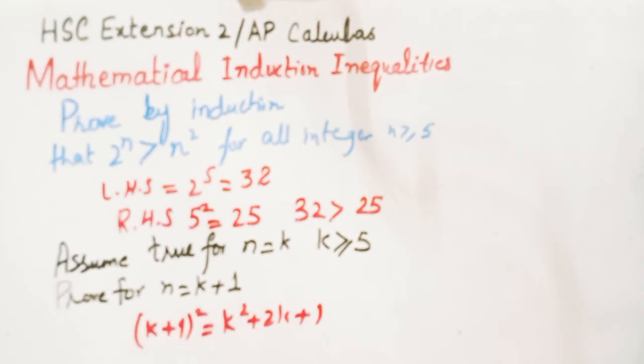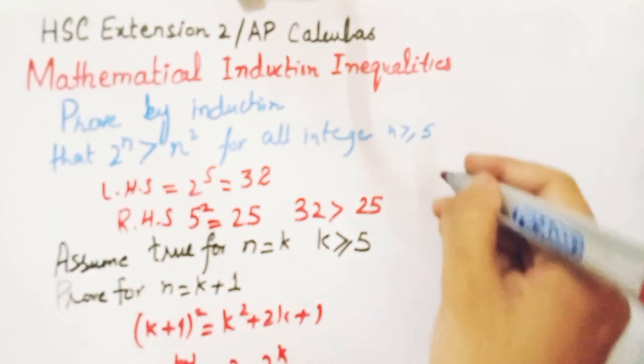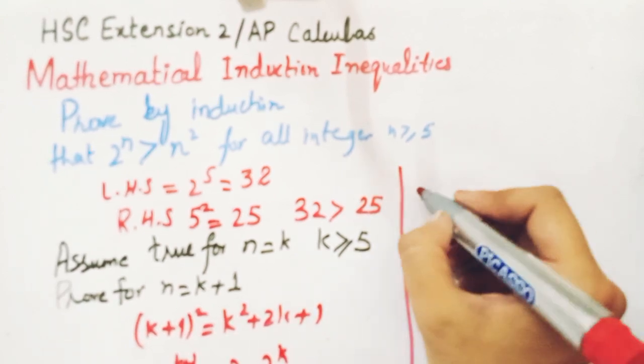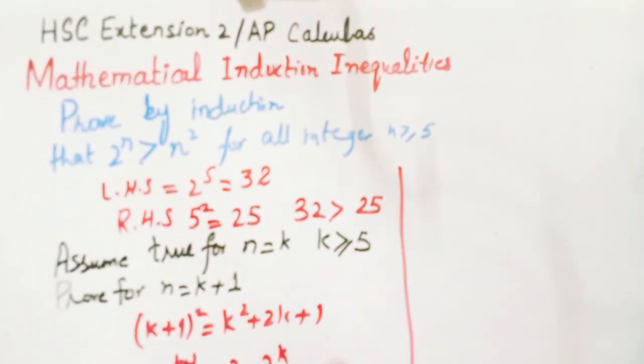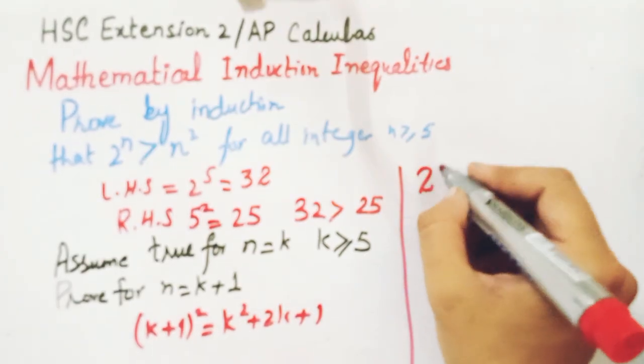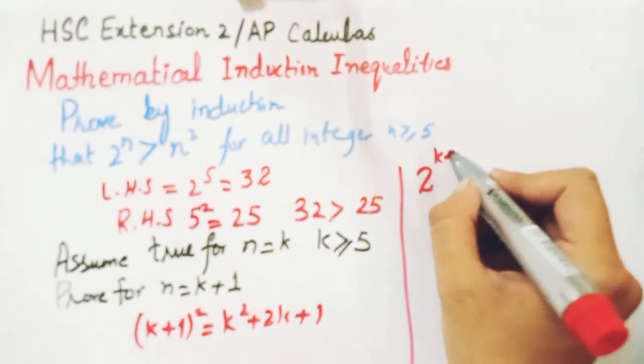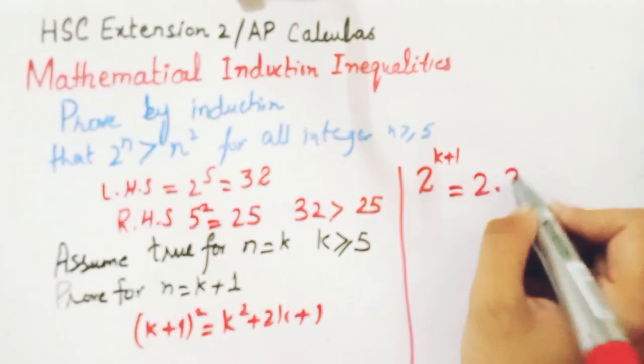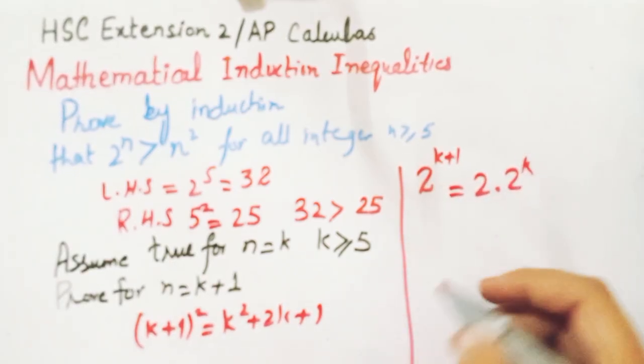After this, we will apply this on 2 raised to power k plus 1. That equals 2 into 2 raised to power k.